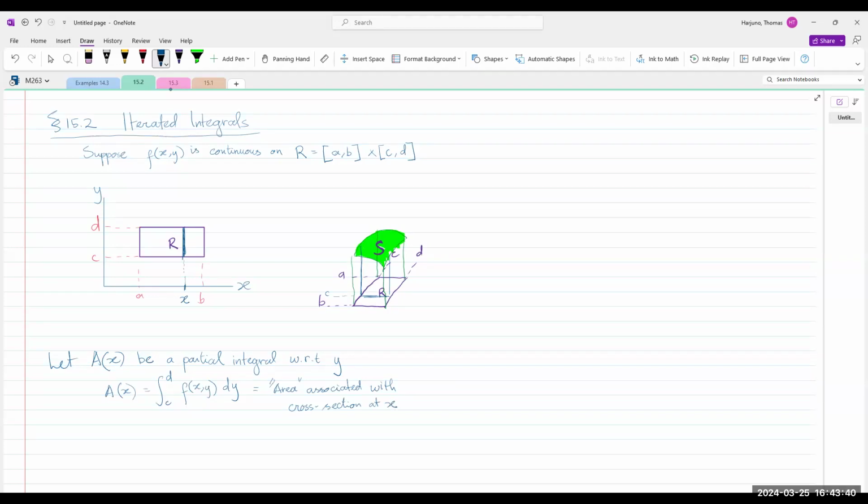So if you take this cross section here and take it out, it looks like this. It's from c to d, and this is the y. This curve on top here is the cross section, f(x, y) with x fixed.